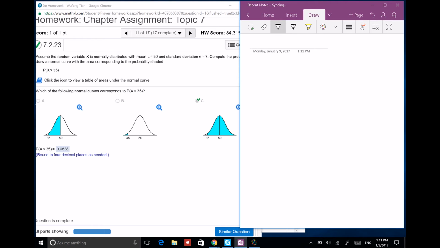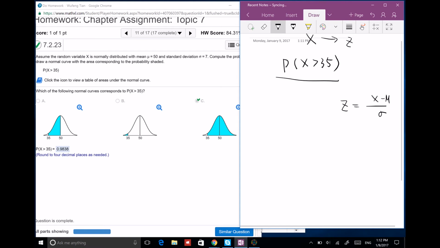Alright, next one, the probability of x bigger than 35. Now this is a normal distribution, but it is not a standard normal distribution. In order to use the table, I have to convert x into z. How do I convert x into z? That's a formula: z equals x minus mu over sigma.